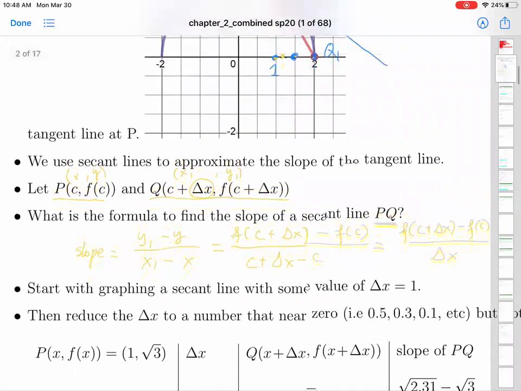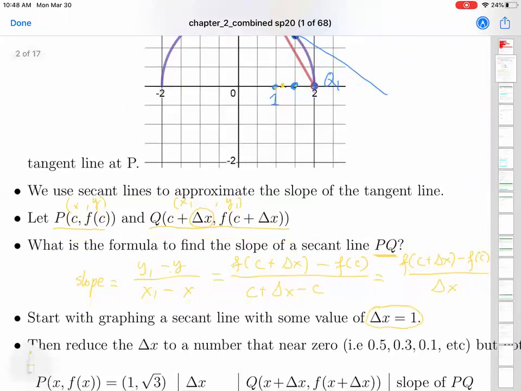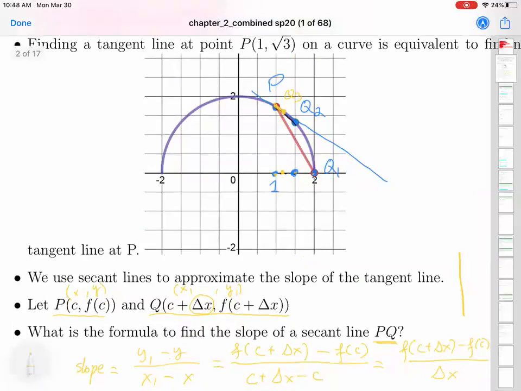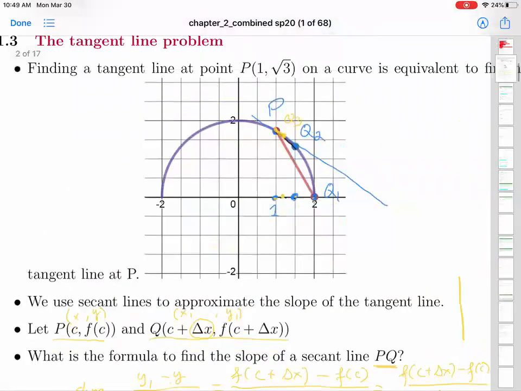So we started this problem by picking a point where the distance between the new point and the original point is 1. So I picked the points Q1 and P. For Q1, the difference between 2 and 1 is 1. That's where I started. But since I saw that it's not a good estimation, I want to move my point closer and closer to 1.